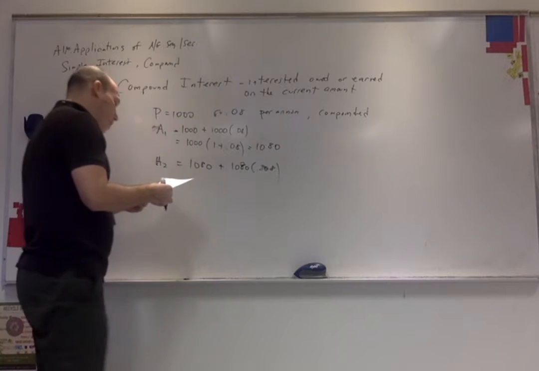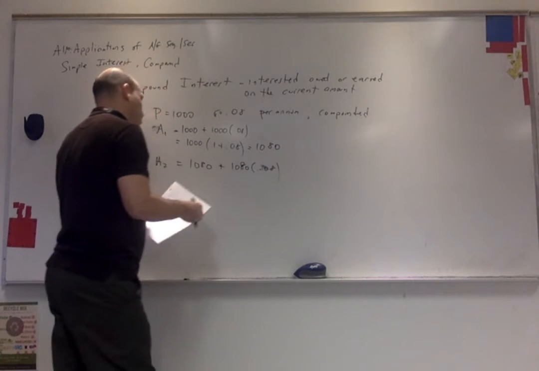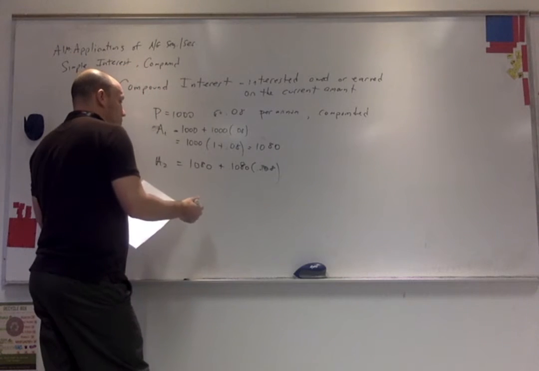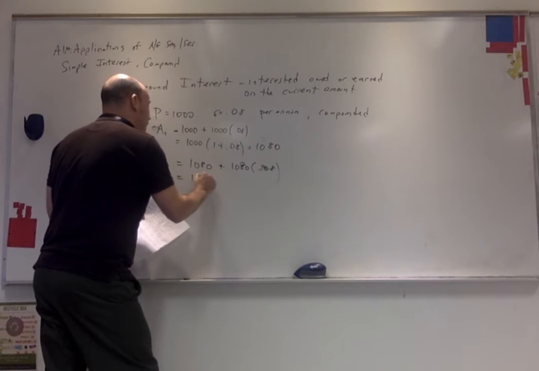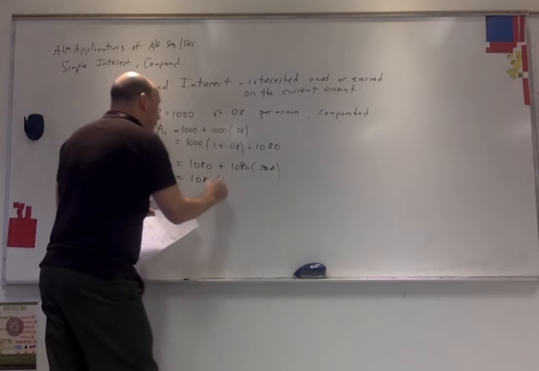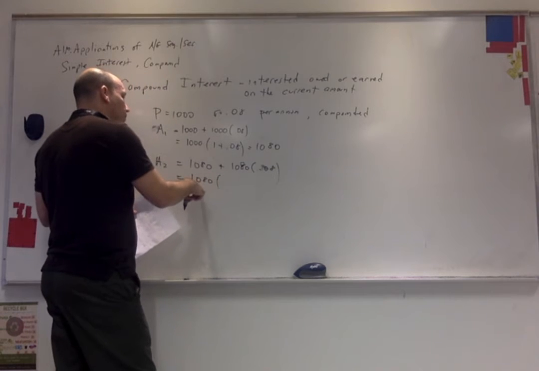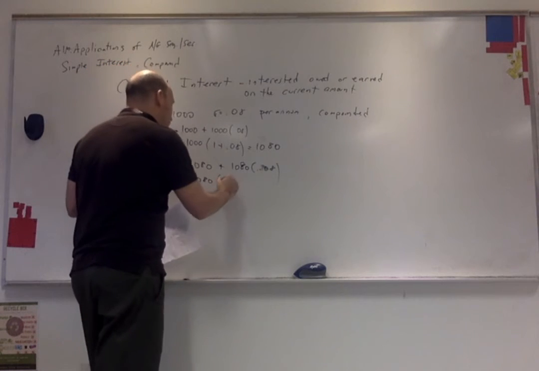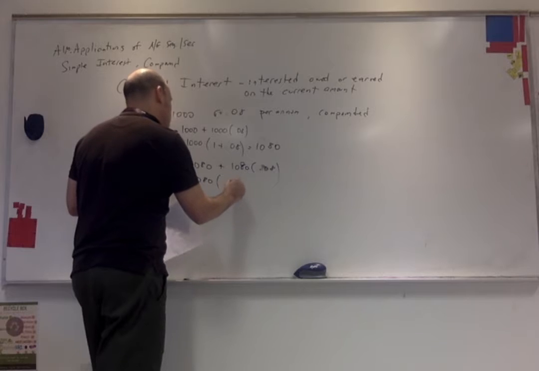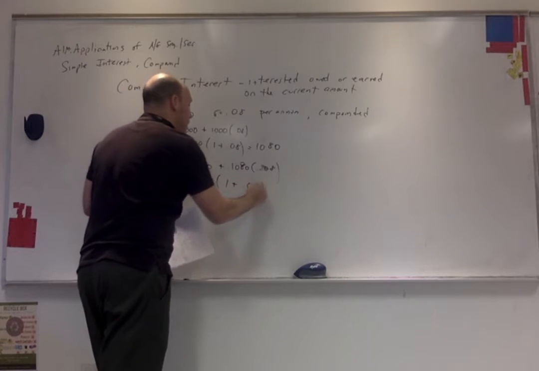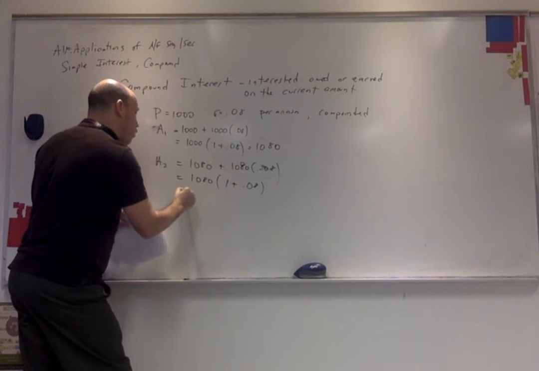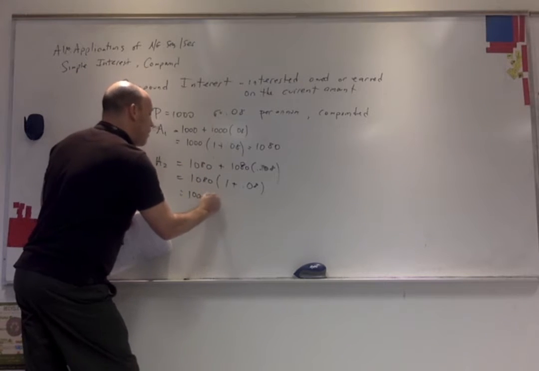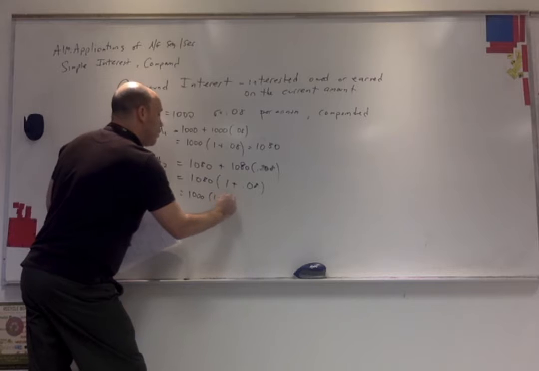So I can factor out, what can I do? Well, mathematically, if I pull in 1080 here, I have 1 plus 0.08, but over here when we factored out the 1080, we said that was also 1,000 times 1 plus 0.08.